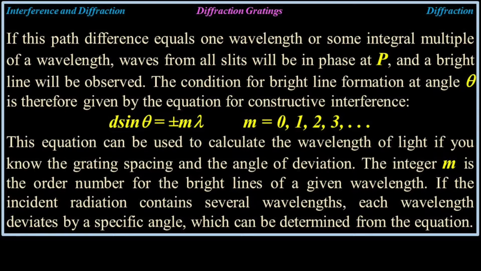This equation can be used to calculate the wavelengths of light if you know the grating spacing and the angle of deviation. The integer m is the order number for the bright lines of a given wavelength. If the incident radiation contains several wavelengths, each wavelength deviates by a specific angle, which can be determined from the equation.